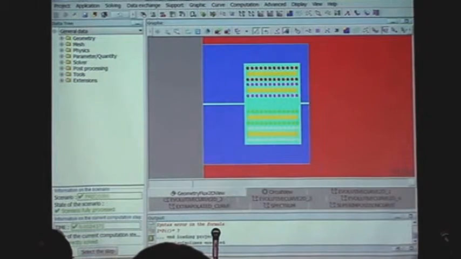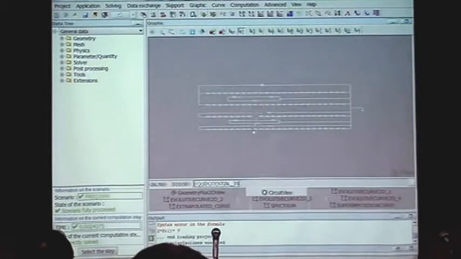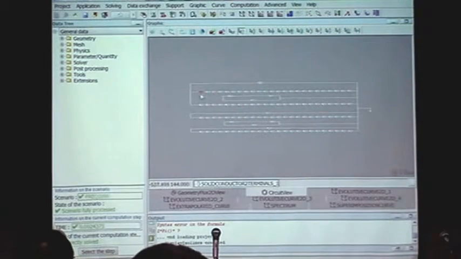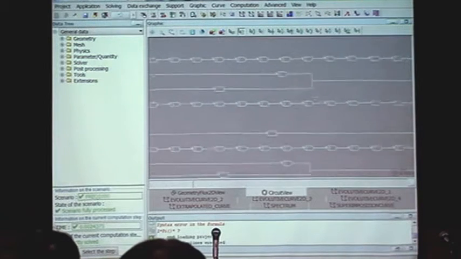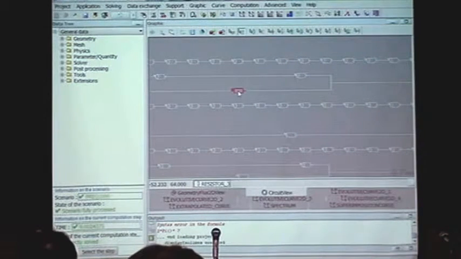Let's see, if I look at the circuit, here is the circuit. So you can see every single turn of what I showed. There is one on the top, one in series on the second, on the lower part of the secondary. Here is the secondary, which is also made of solid sheet, and on it we have a resistor.